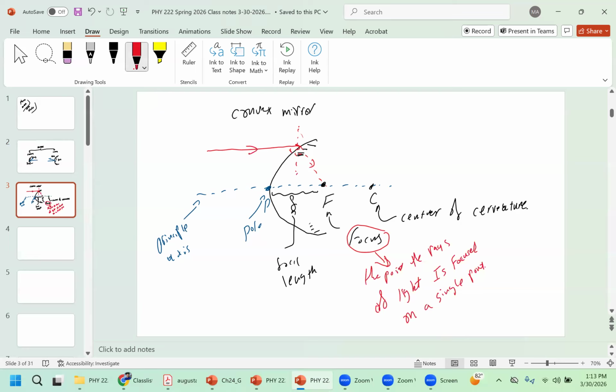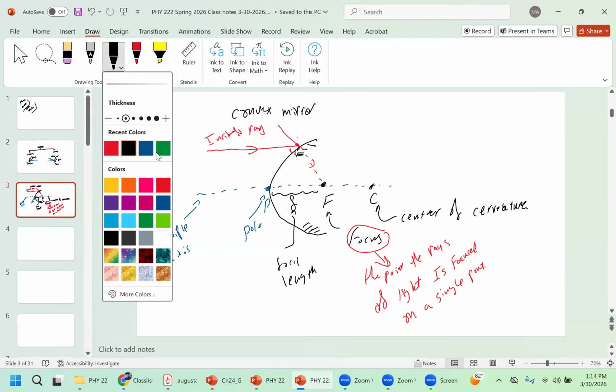Now, the one that's going in here is your incident ray, and it will reflect back. I guess it'll reflect back this way. Actually, let me just draw the normal line better. Green.